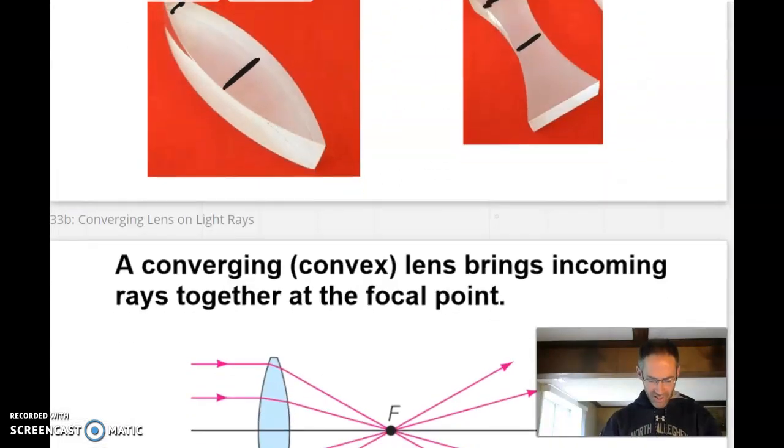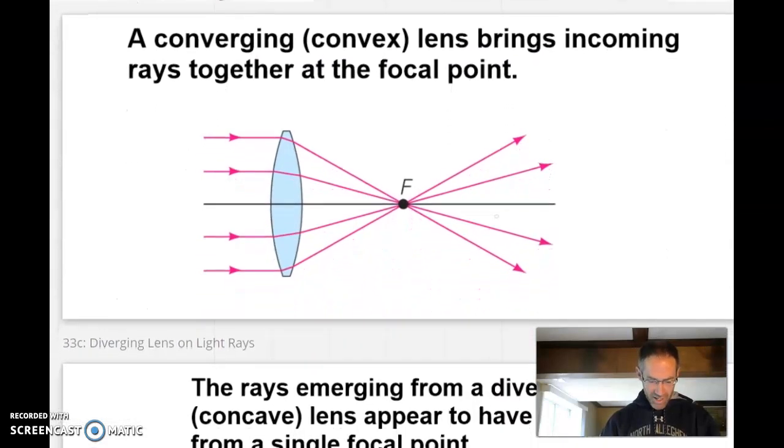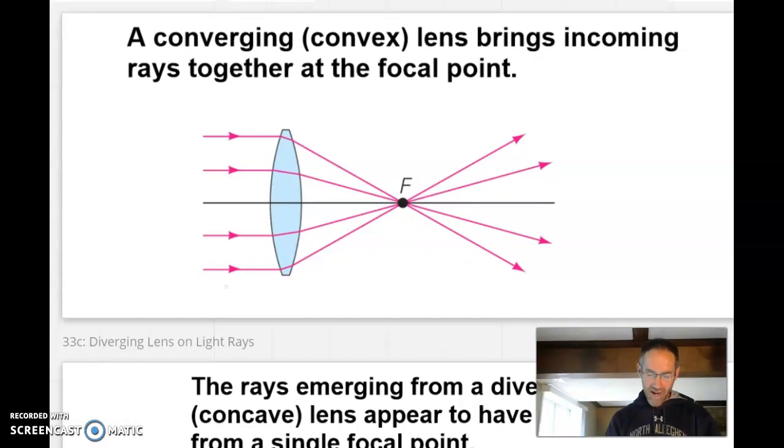Now, the converging lens is important because incoming light rays that are parallel all get focused to a focal point. This picture, more than anything else that I'm going to show you in this video, is extremely important for you, so I would jot this down. Here come these parallel light rays, all parallel to this principal axis.